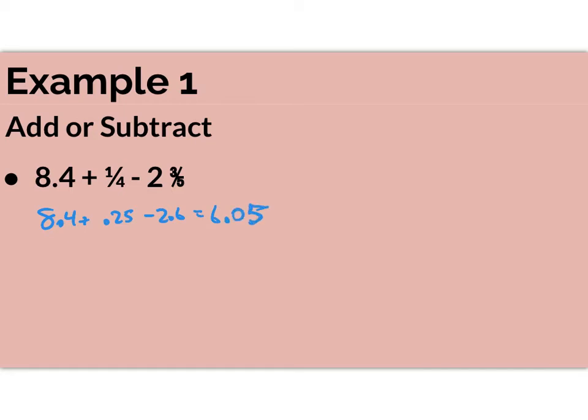Now, if you have a calculator, what I suggest you do is enter it in like this. Do 8.4 plus 1 divided by 4, close the parentheses, minus, parenthesis 2 plus parenthesis 3 divided by 5.